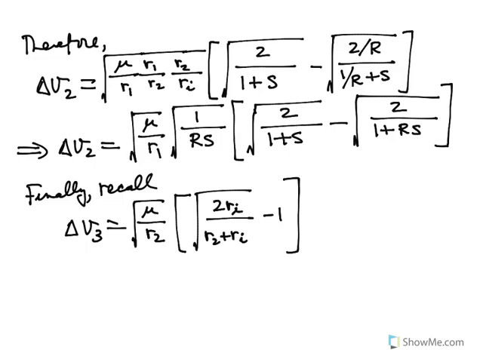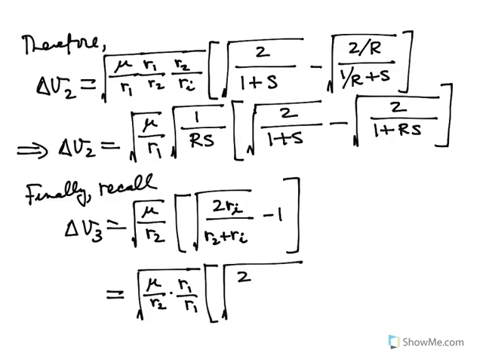Now what I'm going to do is multiply mu over R2 by R1 all divided by R1, because again I want to get this in terms of the square root of mu over R1, times the square root of 2Ri divided by R2 all divided by 1 plus Ri divided by R2, minus 1.